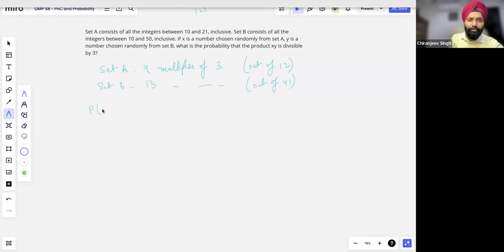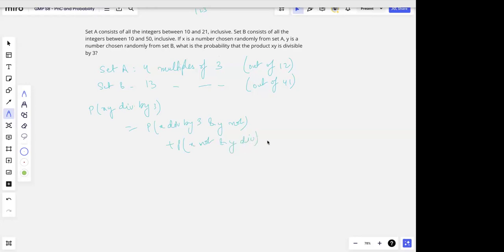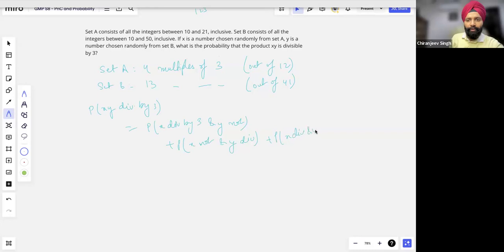There are only 3 possibilities in the way you are thinking. One is probability x divisible by 3 and y not, plus probability x not and y divisible, plus x divisible and y divisible.